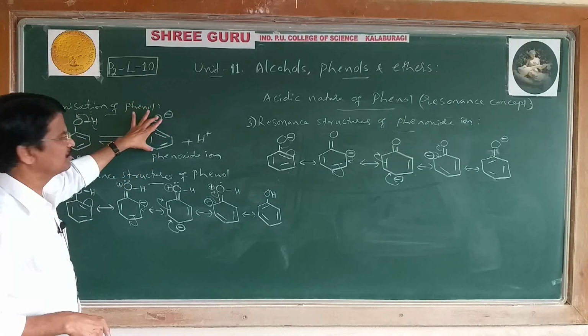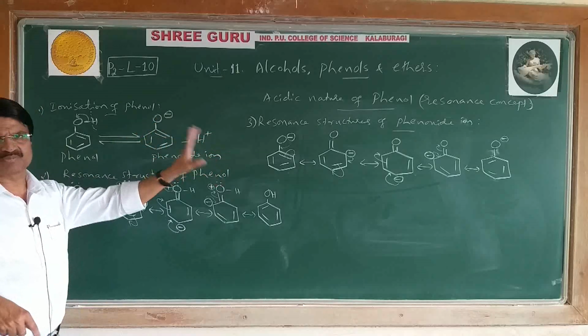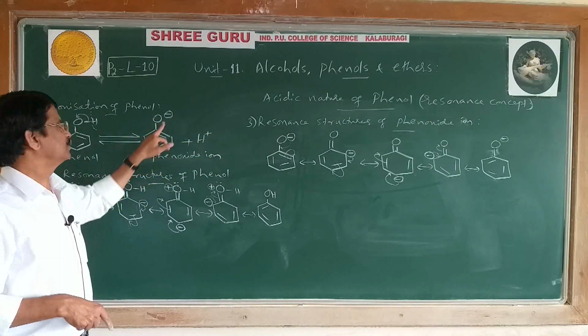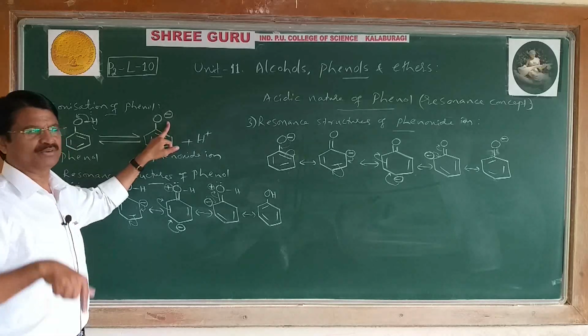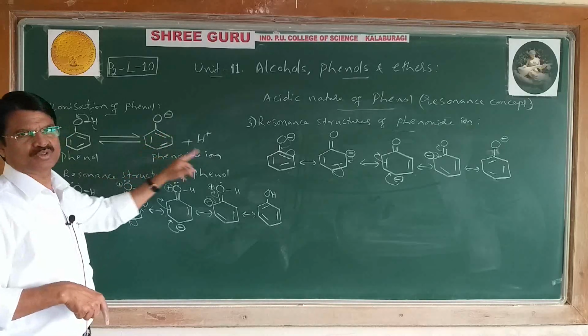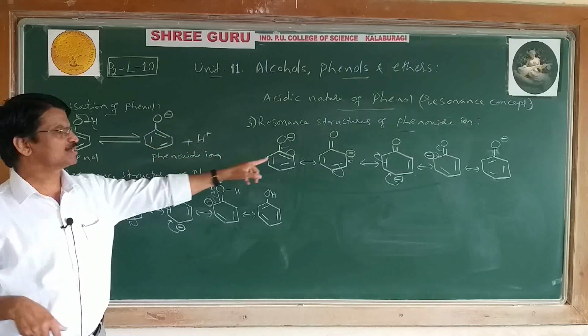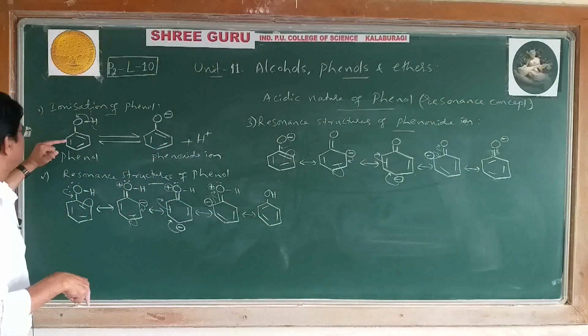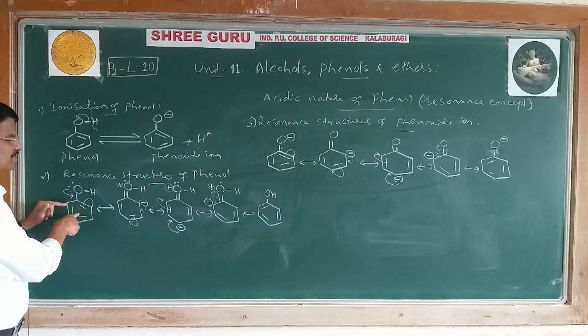And why is phenoxide ion more stable? Yes, that you have to explain. The negative charge on oxygen in a phenoxide ion is stabilized by resonance, or the negative charge is dispersed over the benzene by resonance. Hence it is called more stable than phenol. See, why is phenol less stable?